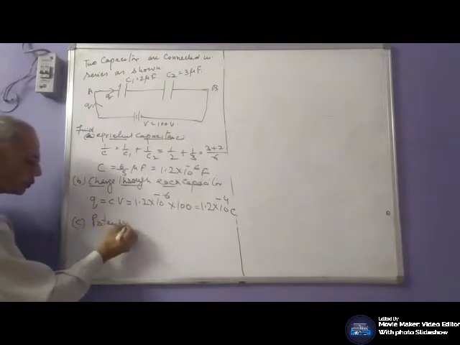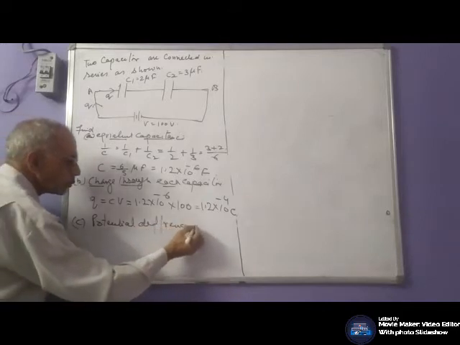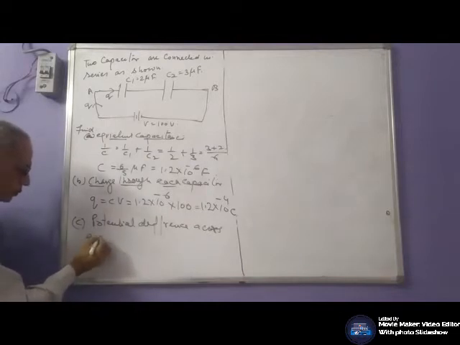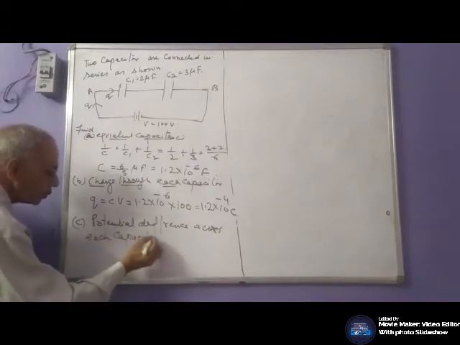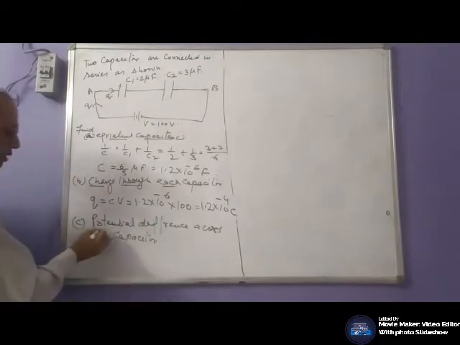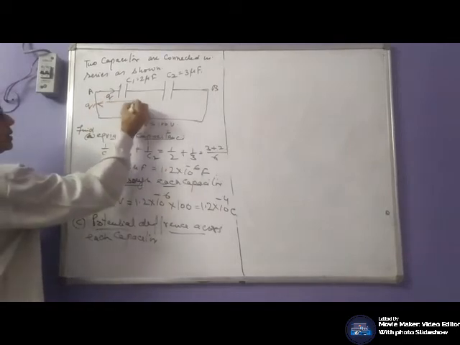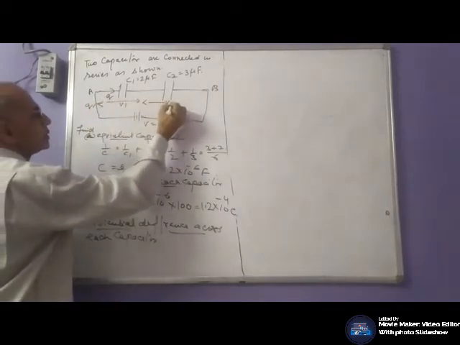C. Potential difference across each capacitor. This is third question. This is potential difference here. This is potential difference here.